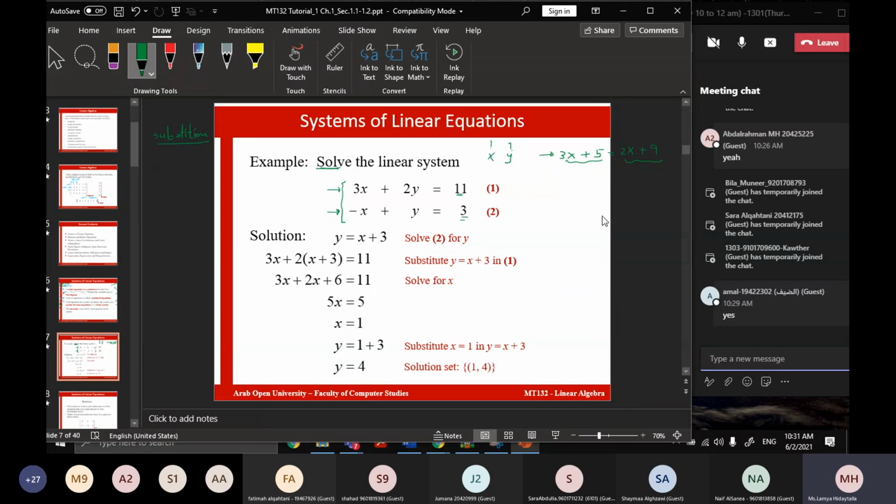So I can solve it. 3x plus 5 equal to, what do we do then? We said always, by the way, when we have equality, that means as if we have a balance, like a scale. So this hand is equal to this hand.